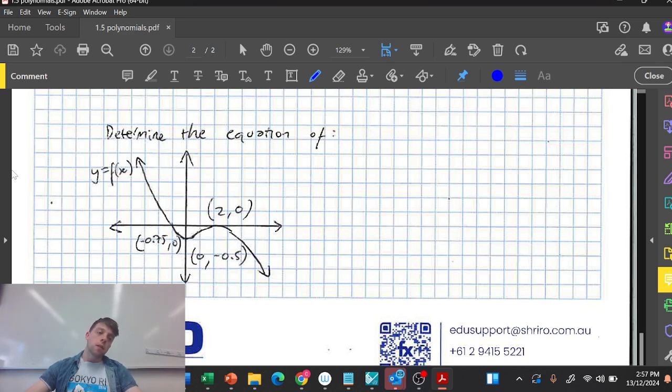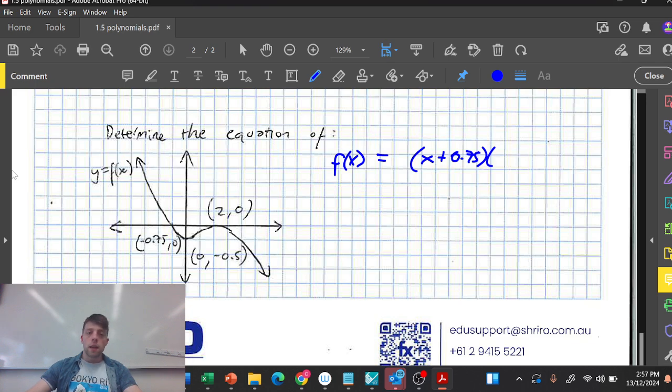So we can see here based on this diagram that we have a linear factor at minus 0.75. So therefore f of x must be equal to x plus 0.75. This is a linear factor. And over here we have a touch and turn type factor.